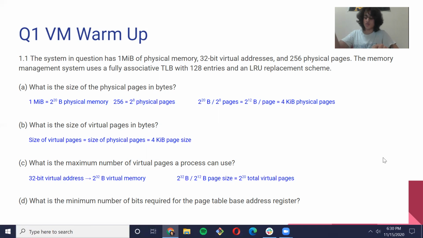So the page table is also stored in memory. The page table base address register's address is the same size as the other addresses that we use.